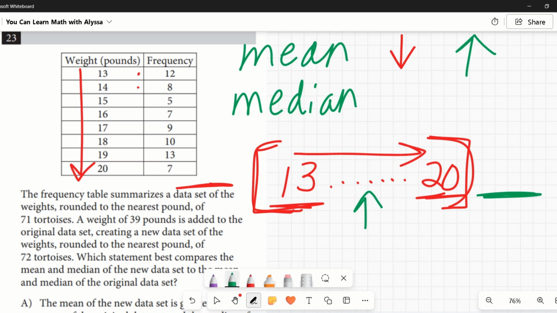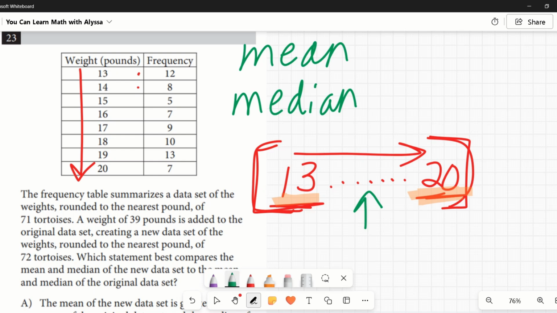They usually do give you a number that is either below or above the given numbers in the original data set, because they want you to know this fact that I'm telling you: if the number added to the data set is lower than the smallest number, the overall mean will go down. If it is higher than the largest number in the data set, the mean will go up. The average goes up. Every single time, no exceptions.